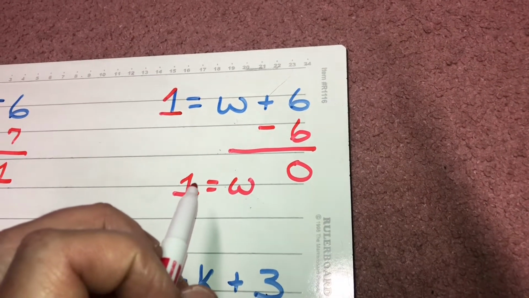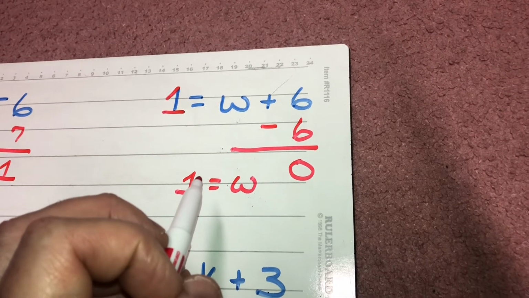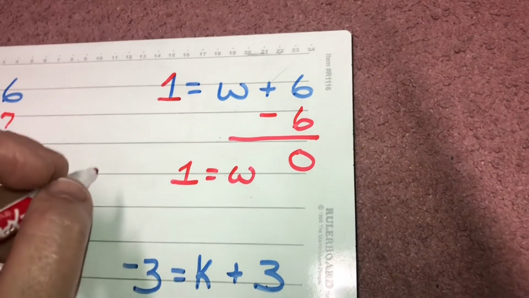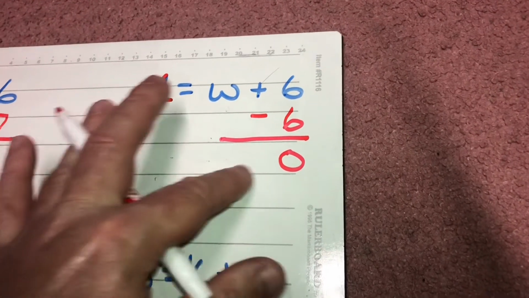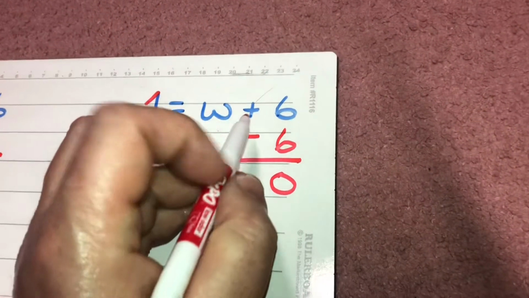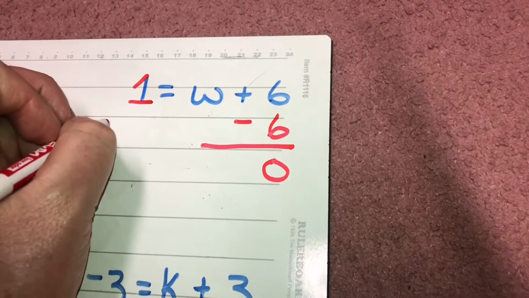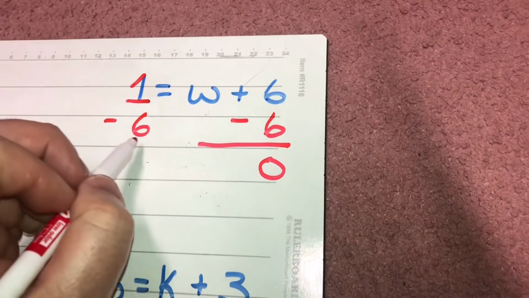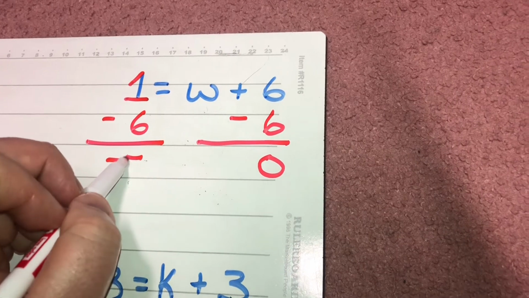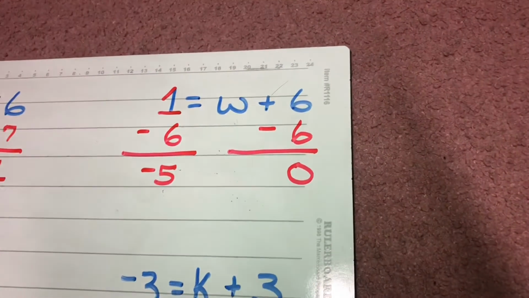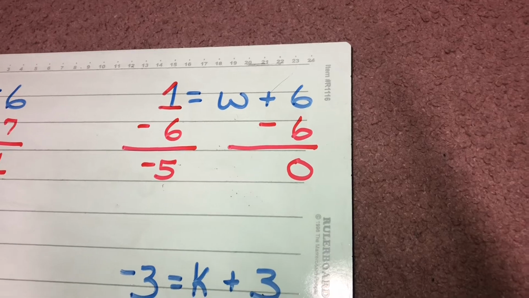Oh, sorry. No, I messed that up. My mistake. I knew something was wrong. If we subtract 6 from this side, we have to subtract 6 from this side. So we have 1 minus 6, which is negative 5. My apologies, we got a little too much in a rush there.